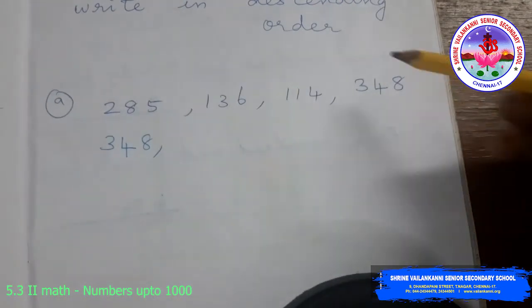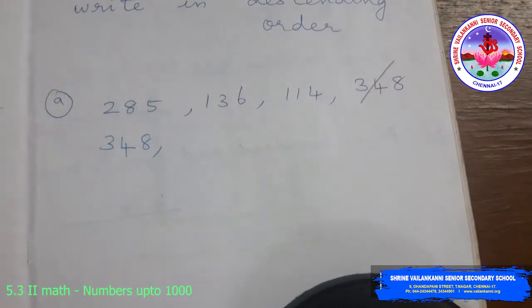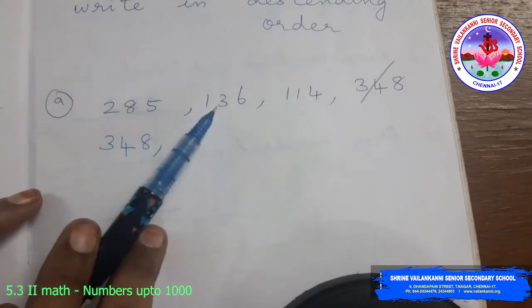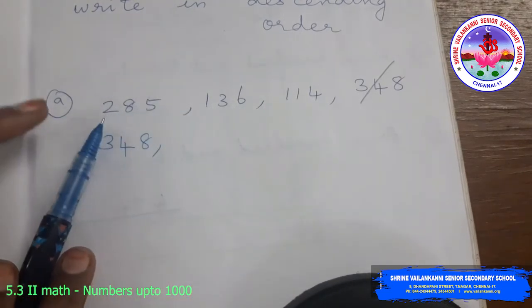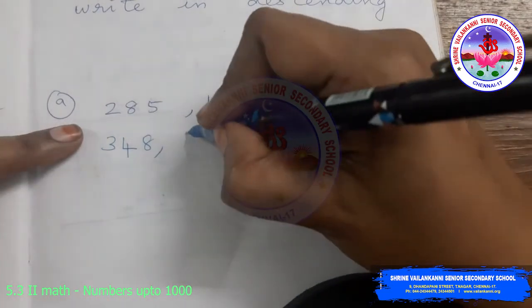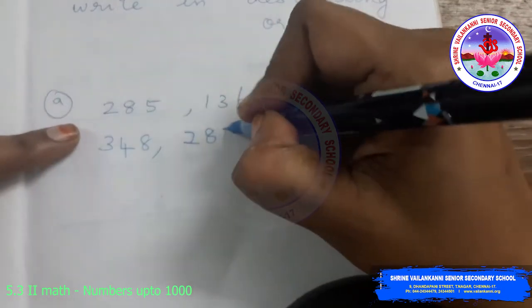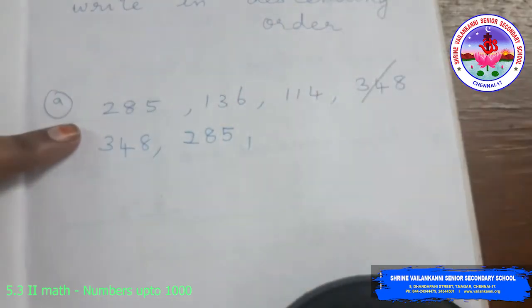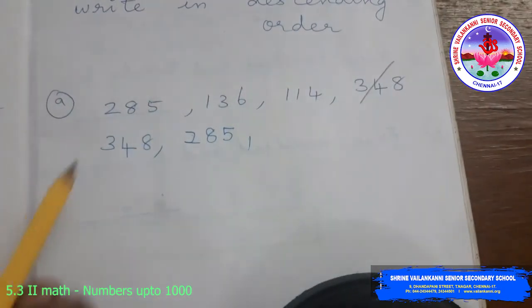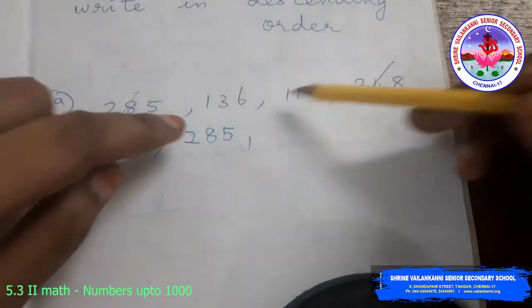I'll cross it. Compare these 3 numbers. 1, 1, 2. So 285 is bigger. So cross this out. Only 2 numbers to check now.